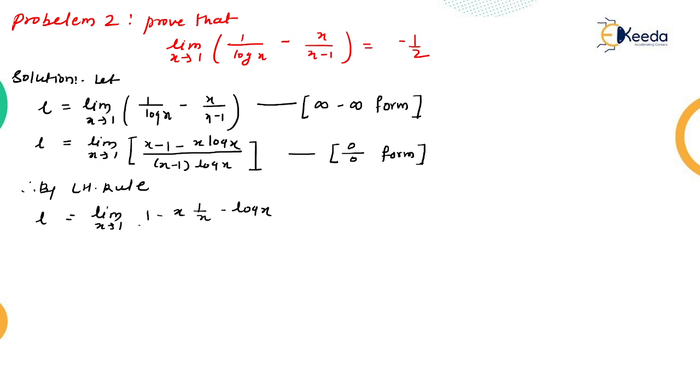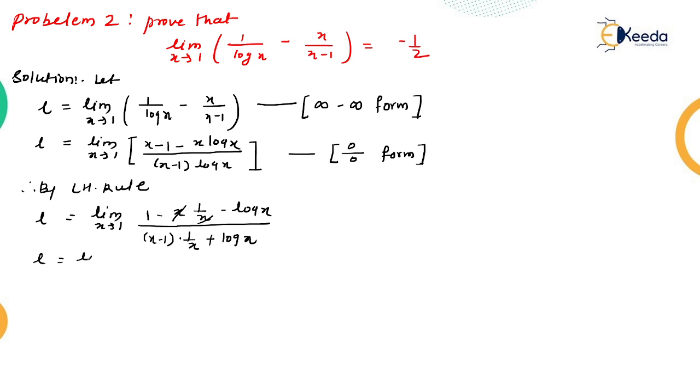In the denominator, x minus 1 is kept as it is, into the derivative of log x, which is 1 by x, plus log x as it is. Now this x and x get cancelled, and the remaining terms you will have to write here.